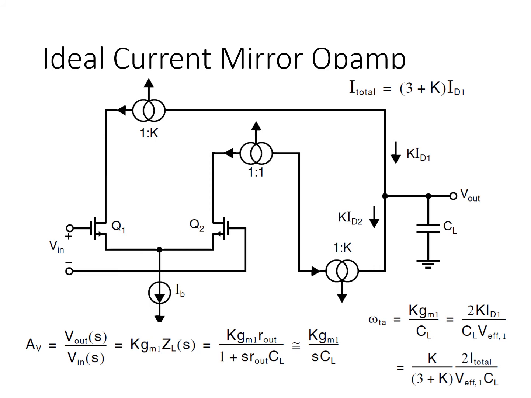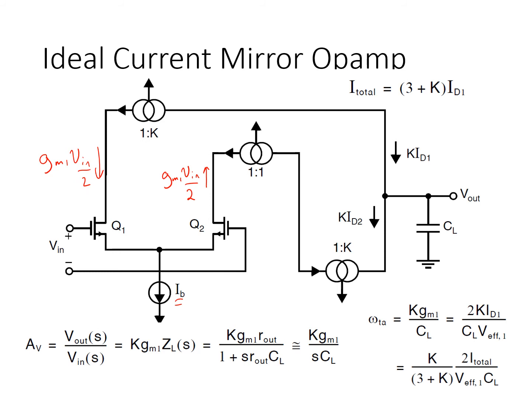And the input differential signal therefore gives rise to two small signal currents, gm1 times Vin over 2 this way, and gm1 Vin over 2 running that way. So these are the small signal currents. Obviously, they're superimposed on the bias currents that are determined by the tail current source here.